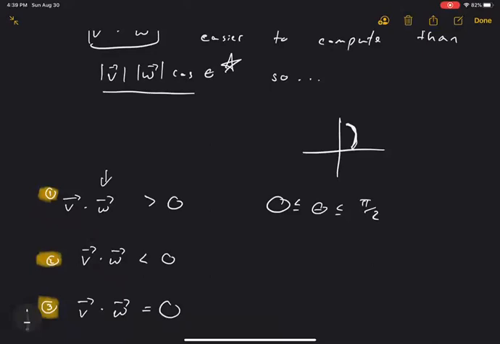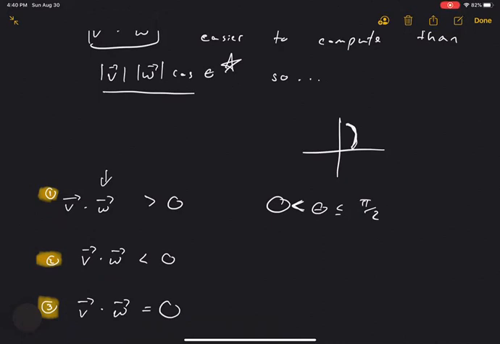So that's a pretty big piece of information, right? I see my dot product, and if the dot product's positive, and actually this should be greater than 0, then my angle is somewhere between 0 and 90 degrees, 0 and pi over 2.